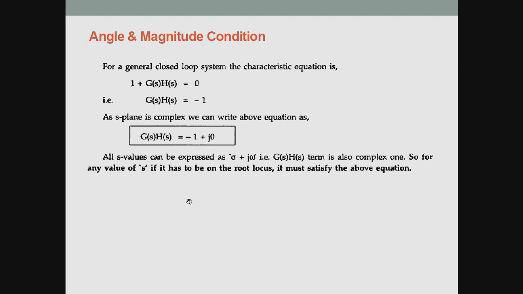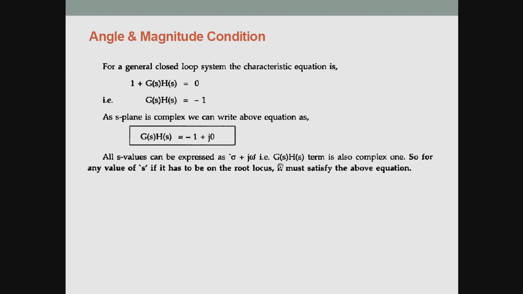As the s plane is complex, we can write the above equation as minus 1 plus j0. All s values can be expressed as sigma plus j omega, right? So if you compare, your sigma will be minus 1.